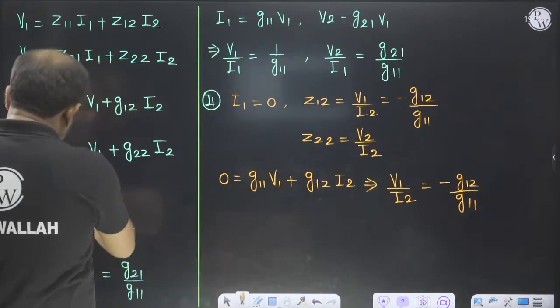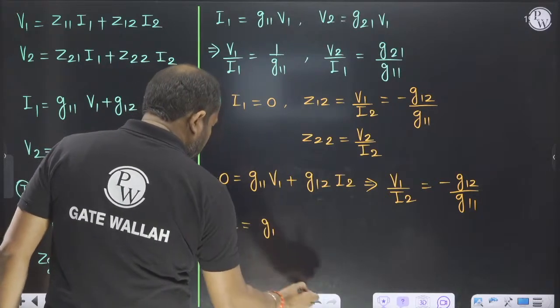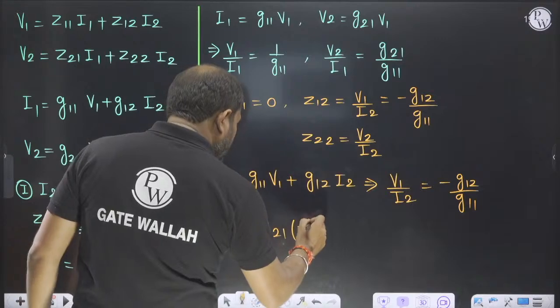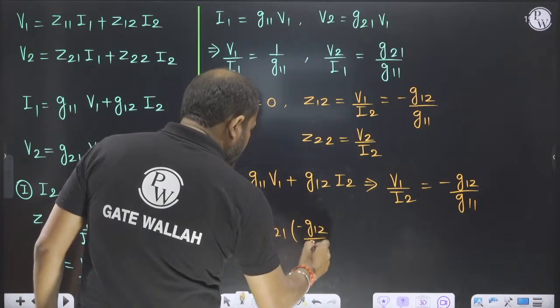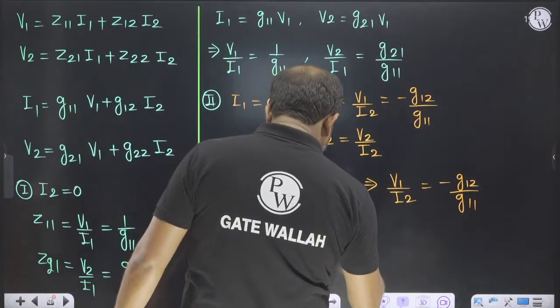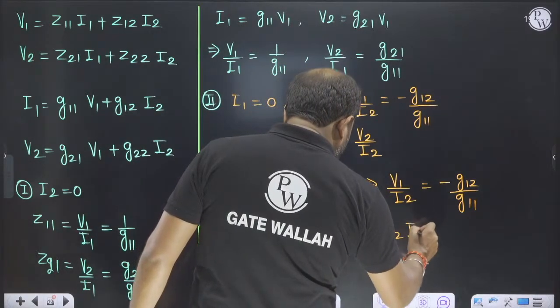In equation 2, V2 is G21 V1 plus G22 into I2, with V1 in terms of I2 being minus G12 upon G11 times I2.